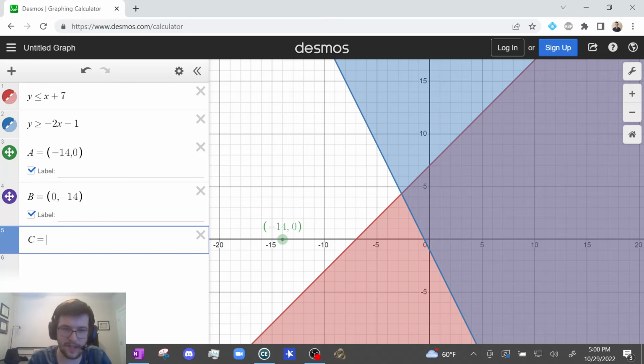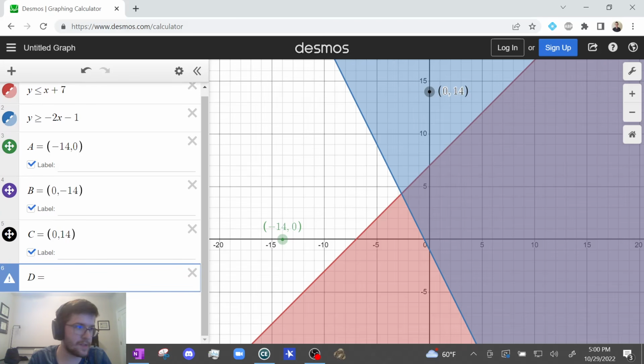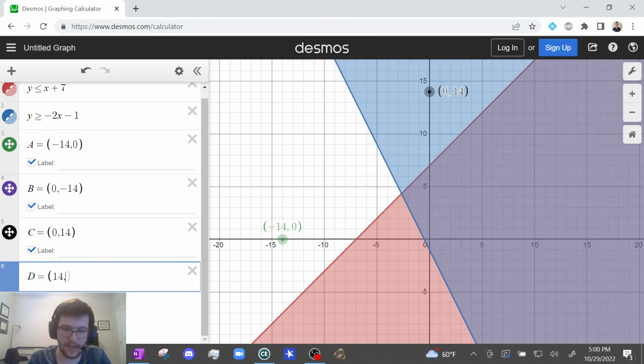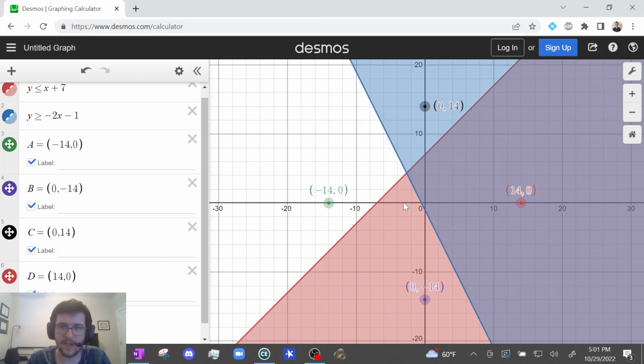And we can do C equals 0 comma 14, and we can label it. And D equals 14 comma 0, and we can label it. And let's get a better picture here. Okay, great. This is much nicer.